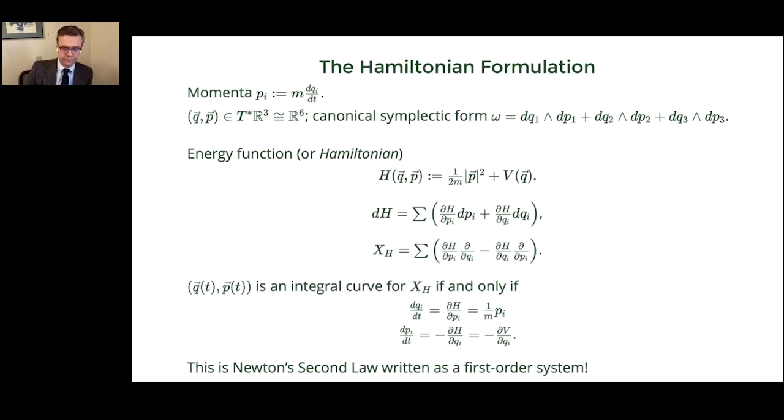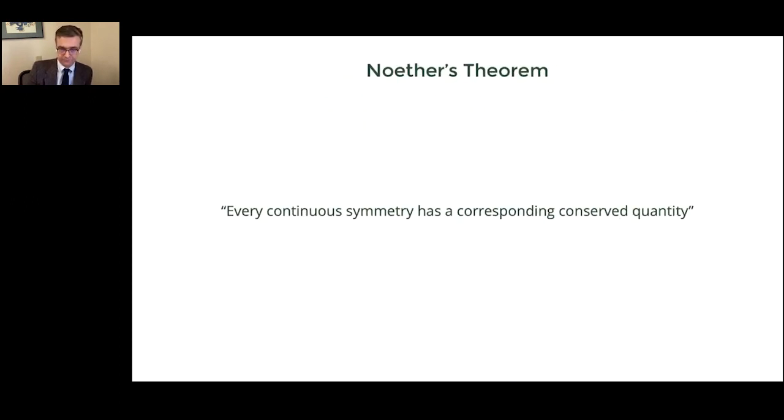So the moral of the story is that if you do the Hamiltonian formulation of classical mechanics, then the system will evolve along integral curves of the Hamiltonian vector field of the energy function. And again, remember the Hamiltonian vector field, this symplectic gradient, was tangent to level sets. So energy is conserved, which of course is what it should be.